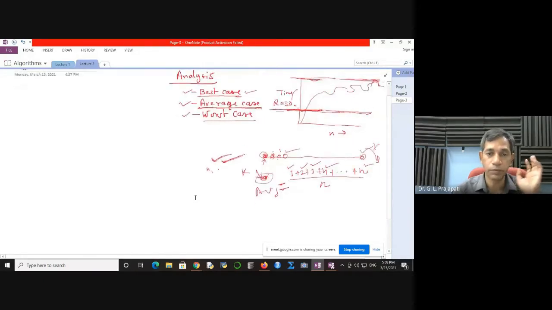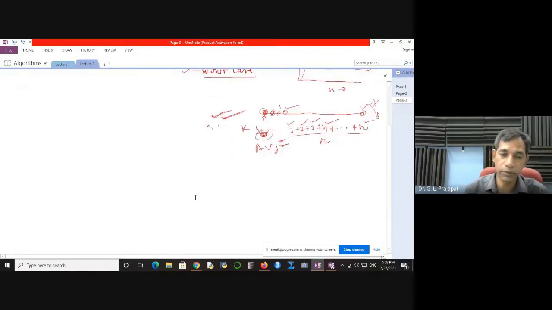Now, what are the major resources your algorithm will take? Whenever you say analysis of algorithm, this means our major resources are computation time, meaning CPU time, and memory requirement.